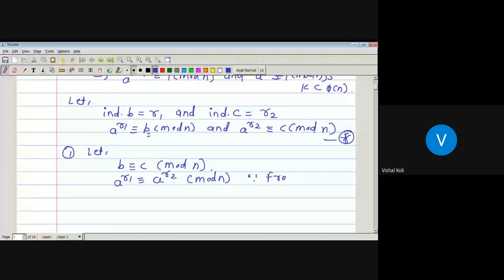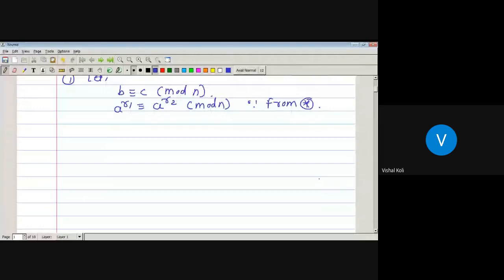Now just multiply both sides by a to the power minus r2. We get a to the power r1 into a to the power minus r2, which is congruent to a to the power r2 into a to the power minus r2 modulo n.